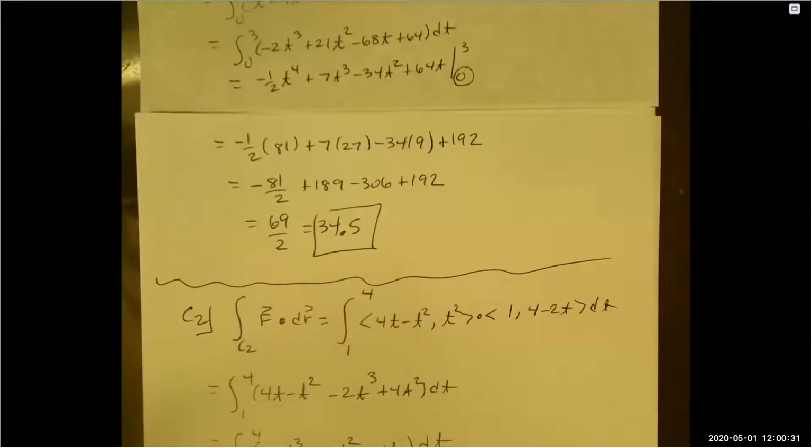So we're going to have minus 1/2. We put in the 4, we're going to get 256, and then 64, and then 2 times 16 is going to be 32. And then we're going to be subtracting minus 1/2 plus 1 and then plus 2.